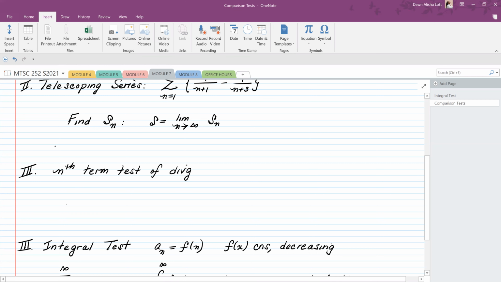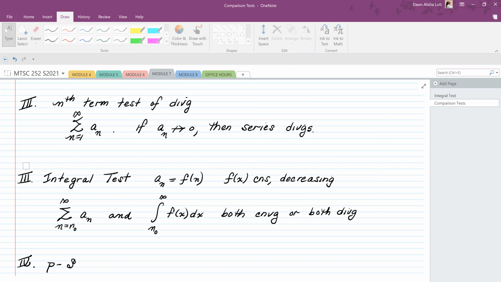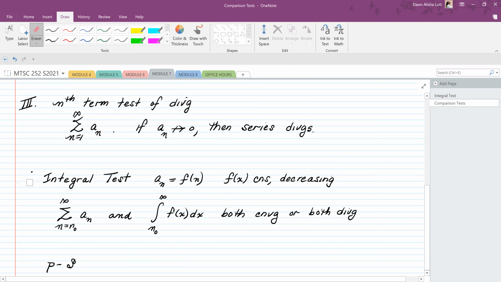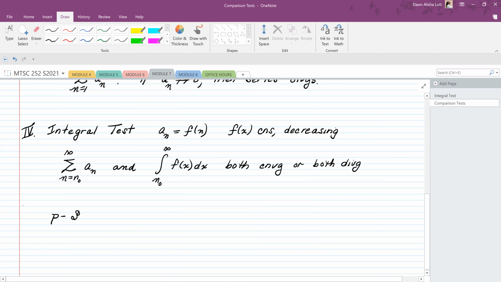So we have the summation n equals 1 to infinity of a_n. Okay, so we know for this test, if a_n does not go to 0, then the series diverges. So this is actually number 4. And then this p-series is actually number 5.